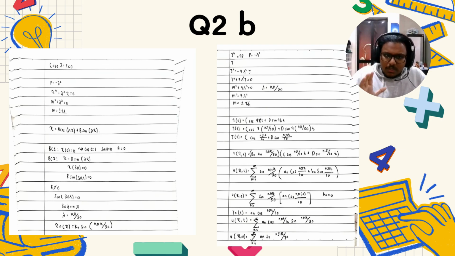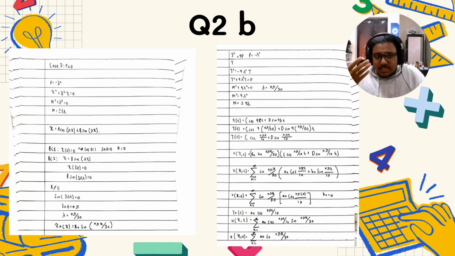Now, we apply our first boundary condition, which states that X(0) = 0, since cos(0) = 1 and sin(0) = 0. This forces our constant a to equal 0. With a = 0, our spatial equation simplifies to X(x) = b sin(lambda x).